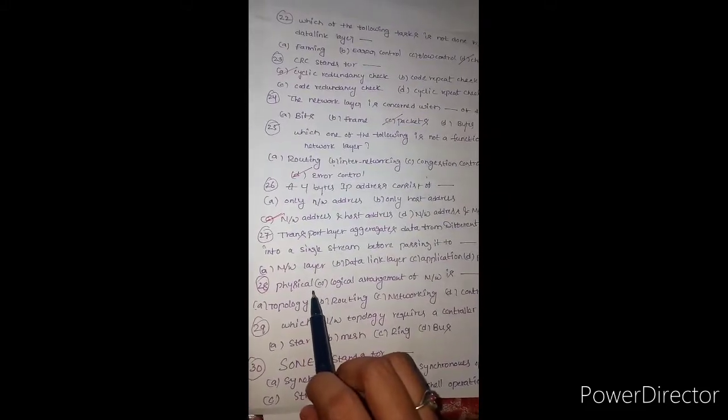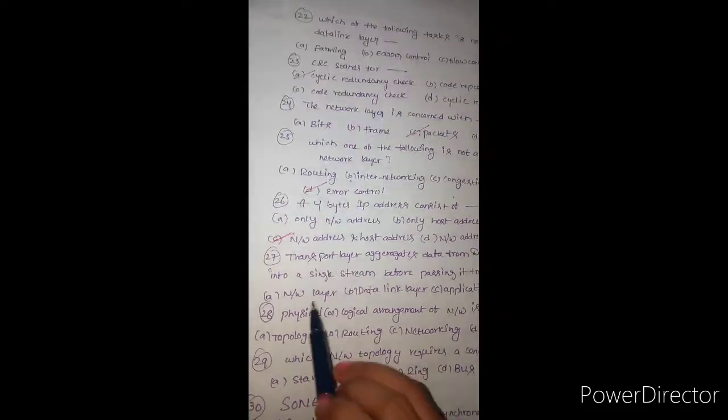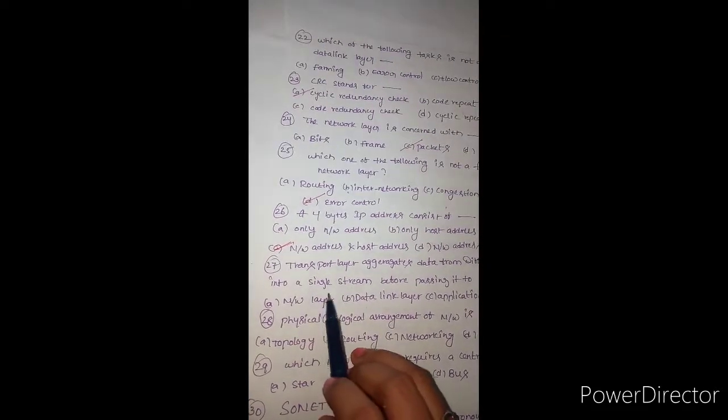The seven layers of the OSI model are application layer, presentation layer, session layer, transport layer, network layer, data link layer and physical layer. So here network layer is the answer. Before passing from the transport layer is the network layer. Option A is correct.